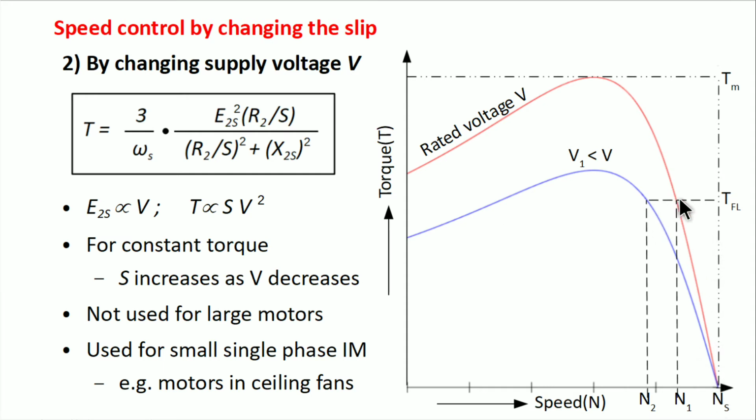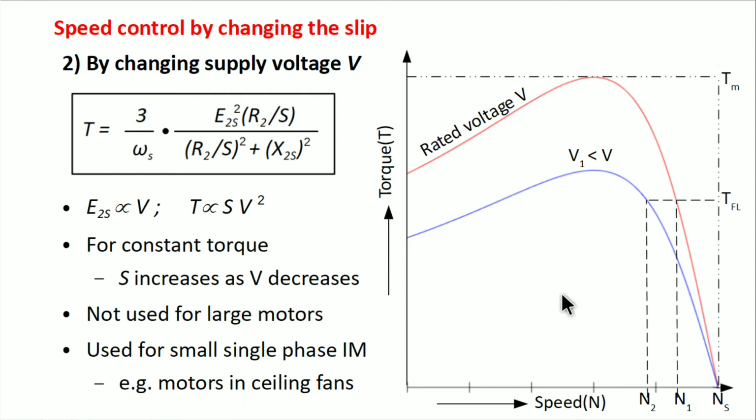So the speed at the same torque, here speed is N1. When we decrease the voltage, the speed is N2. The N1 minus N2 is the change in speed by decreasing voltage from V to V1, where V1 is less than V. If we further decrease the voltage, the slope of this curve will further change, the speed will come here, and so on.